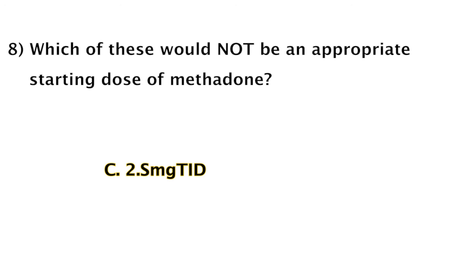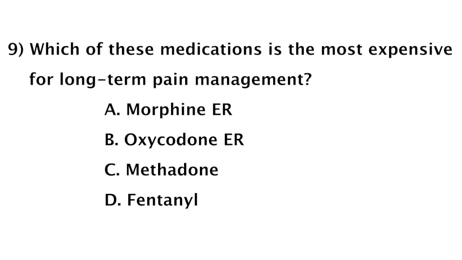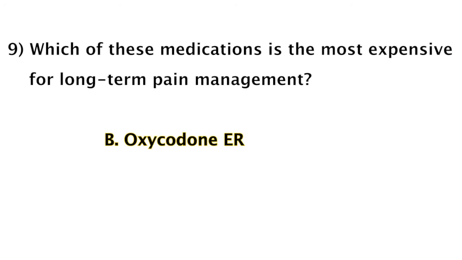Okay, C it is. Number 9, which of these pain medications is the most expensive long term? I know I'm right on this one. Morphine, oxycodone, methadone, or fentanyl? B. Yeah, the oxycodone, even though it is available generic now, it's still very, very expensive and you can probably find a better alternative.